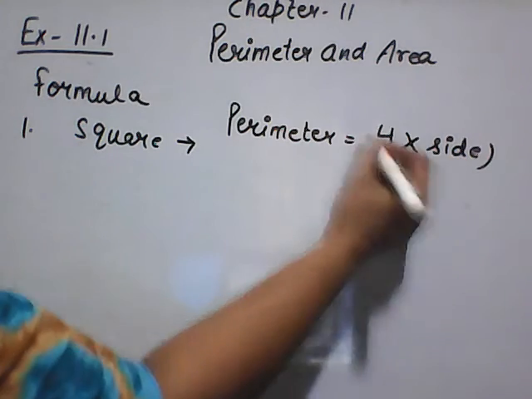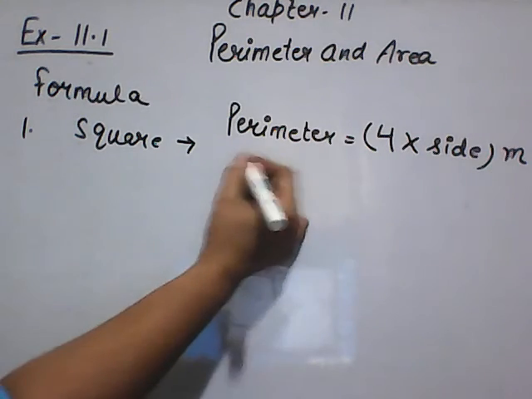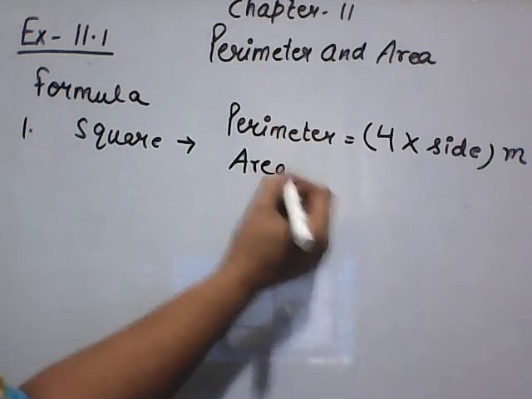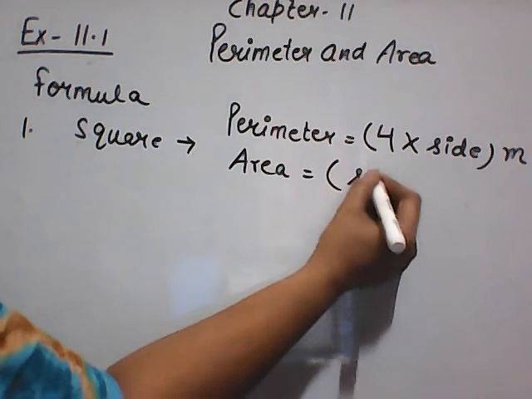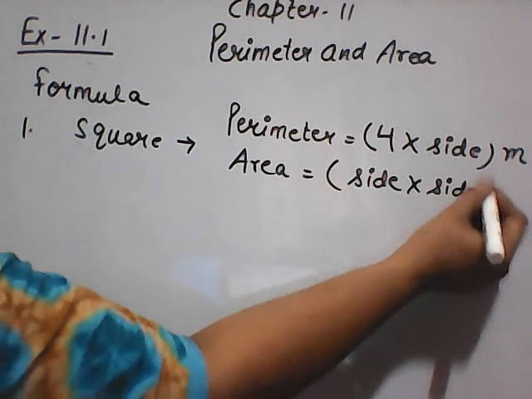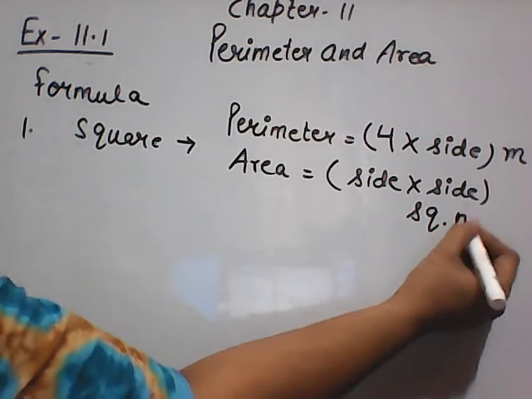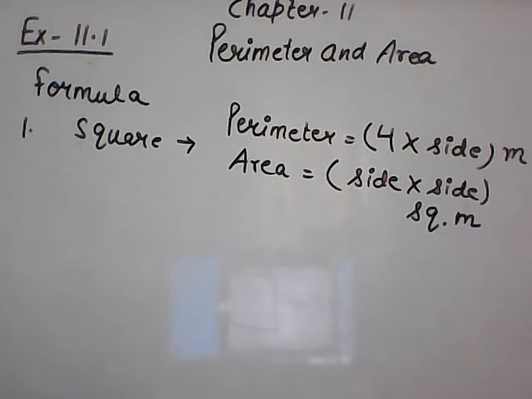If the side is given in terms of meter, then the unit is meter. Area, side multiplied by side, and the square meter. Square units, you can say square units. If unit is given in terms of meter, then the formula is side multiplied by side, square meter.